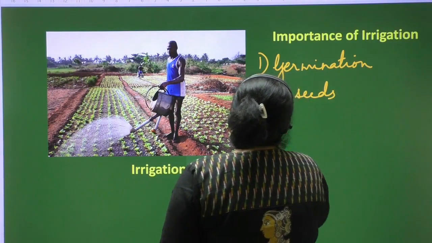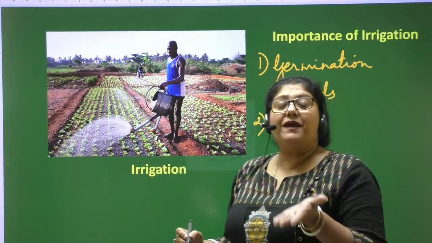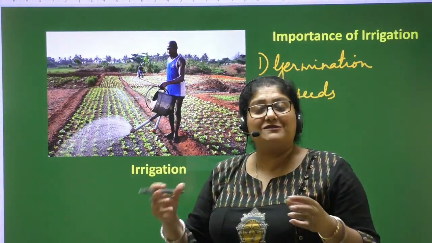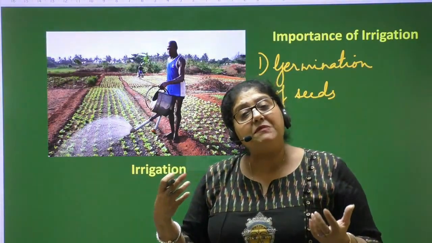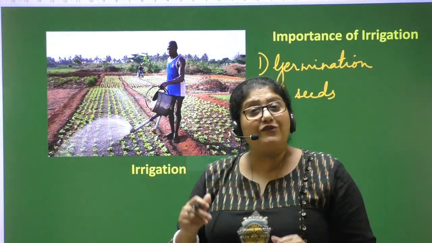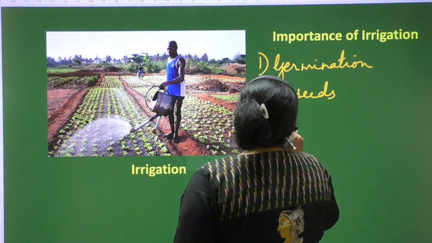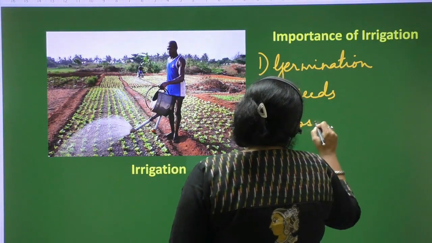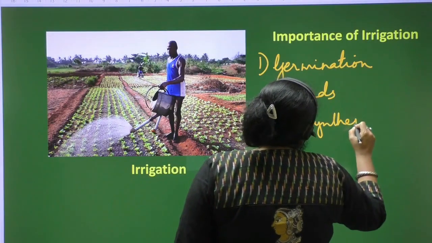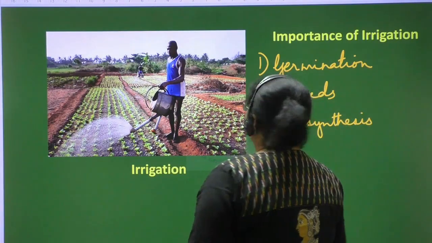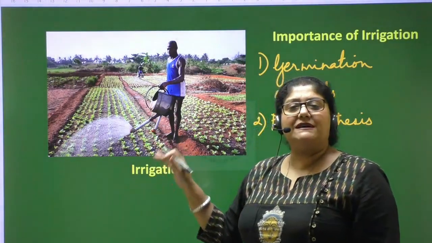Also, when the plant grows and the leaves come out, they will be performing photosynthesis, for which they will be requiring water. So water is also required for enabling the plants to perform photosynthesis and make their own food. So that is why water is added.